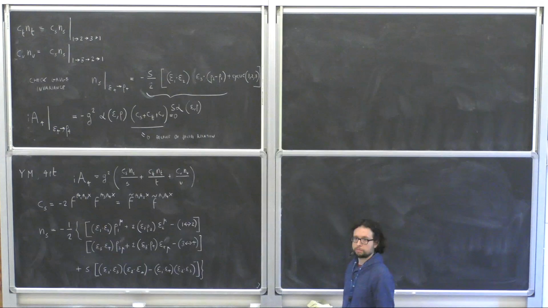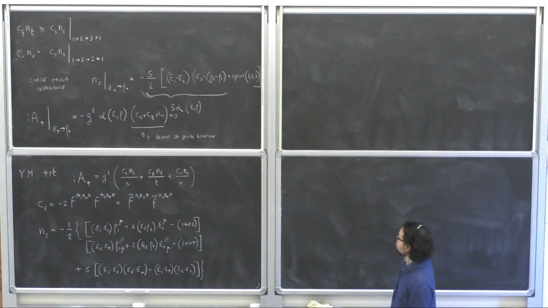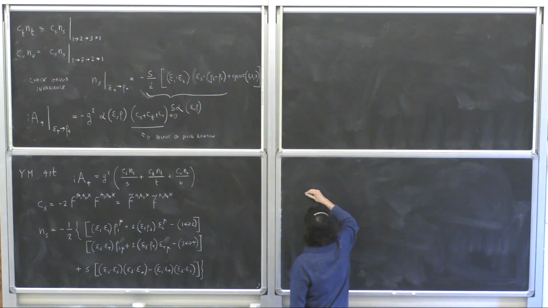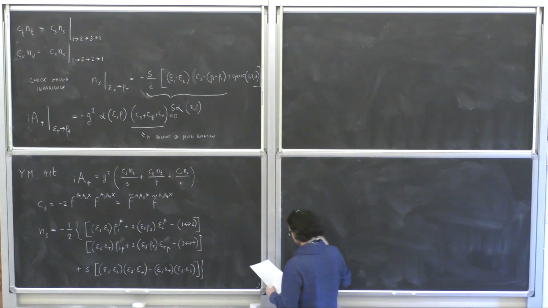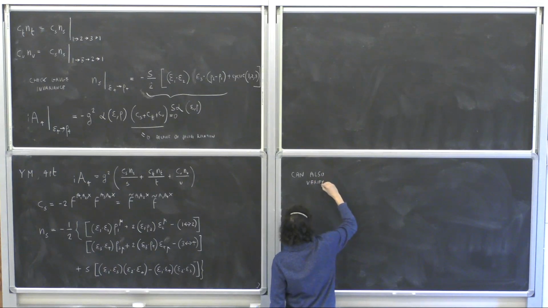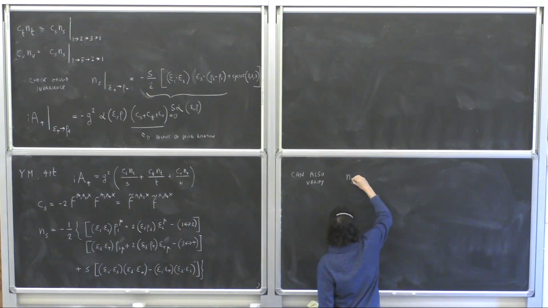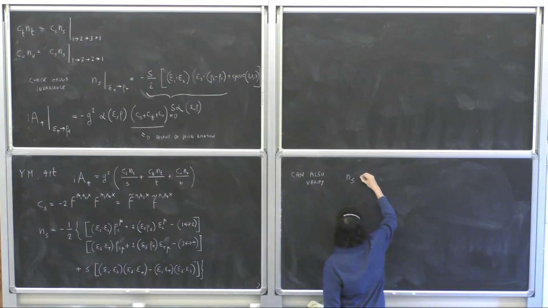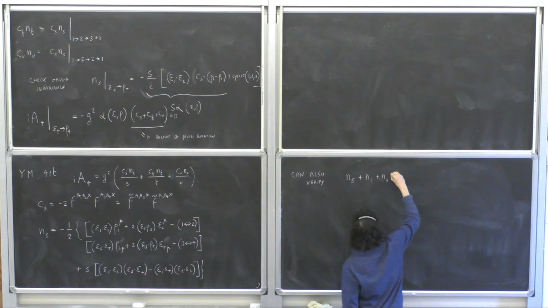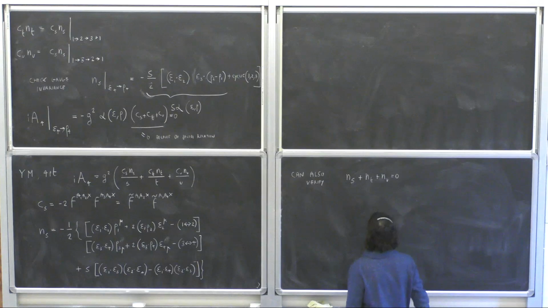Questions about this? So another property which you can verify, but which takes a little bit more algebra, is that the numerator factors I wrote over there obey the same algebraic property.